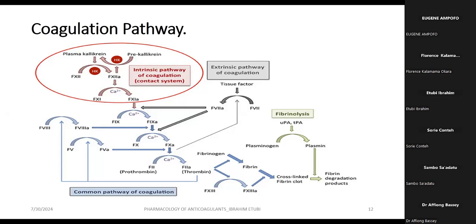And if we look at the intrinsic pathway, it's usually known as the contact pathway, where you have prekallikrein and plasma causing a conversion of factor 12 to 12 activated, 12 activated acting on 11 to 11 activated, then 10, 9 to 9 activated. But the major thing is that by the time you are discussing the intrinsic and extrinsic pathways and you have formation of factor 2 activated, which is the thrombin, factor 2 activated can cause a stimulation of factor 5, the labile factor, and factor 8, the anti-hemolytic factor.